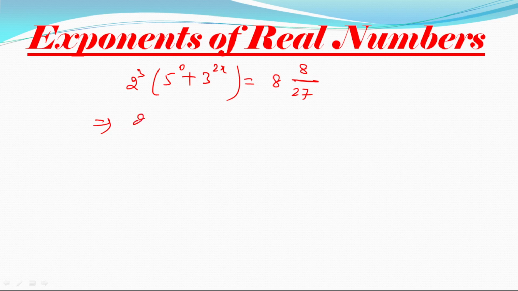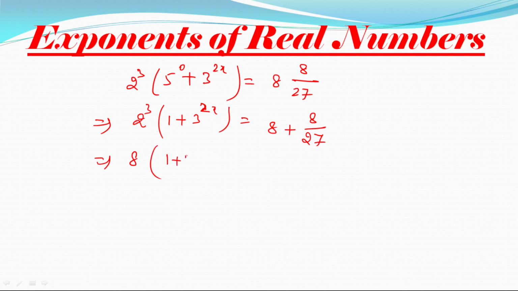Two to the power 3 means 8. 5 to the power 0 is 1 plus 3 to the power 2x. This one also we can write as 8 plus 8 by 27. Mixed fraction can very well be written as 8 plus 8 by 27. And this has become 8.